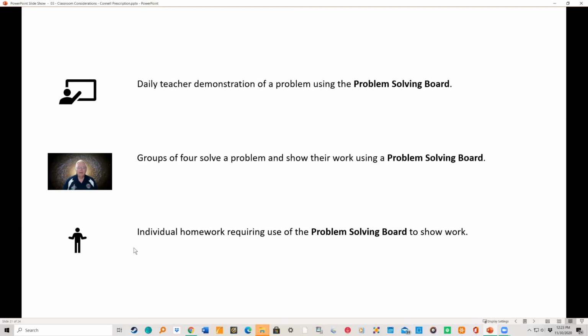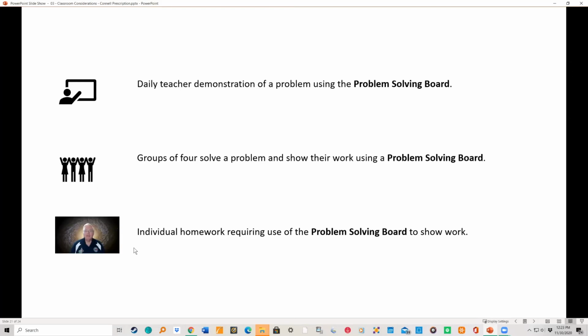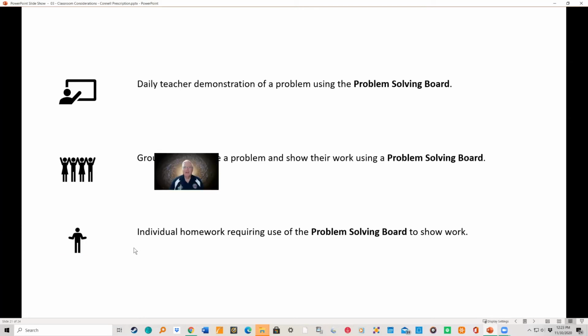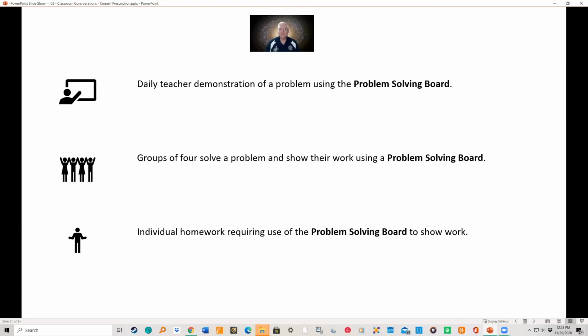Finally, we're developing individual accountability by requiring them to do homework at least once a week, where they have the opportunity to try things out on their own. And when you take a look at the problem-solving boards they'll turn in, what you will find is that they will definitely be able to show you whether they understand or whether they do not.